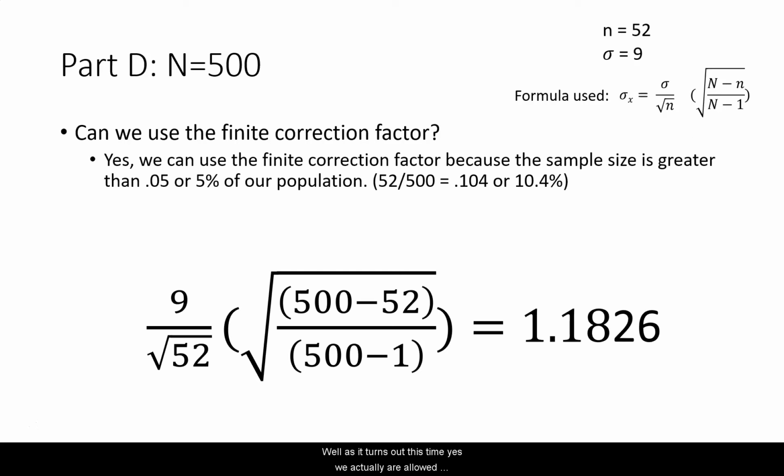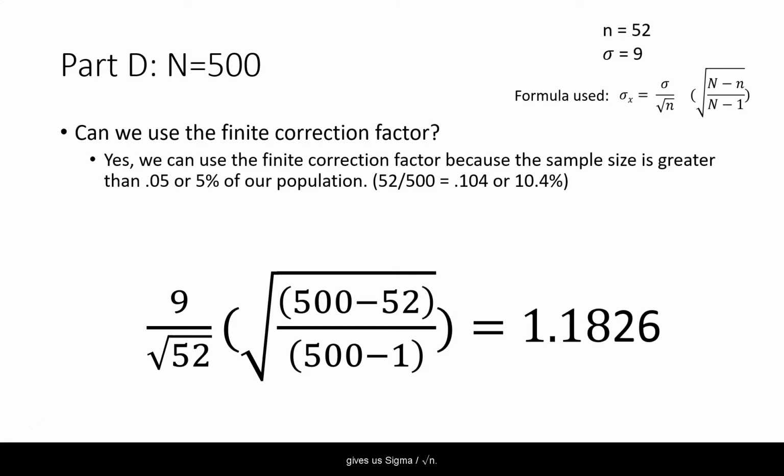Well, as it turns out, this time, yes, we actually are allowed to use the finite correction factor, because when we check if our sample size is greater than 5% of our population, we can take 52 divided by 500, which gives us 0.104, which equates to roughly 10.4%, so we are greater than 5% here.